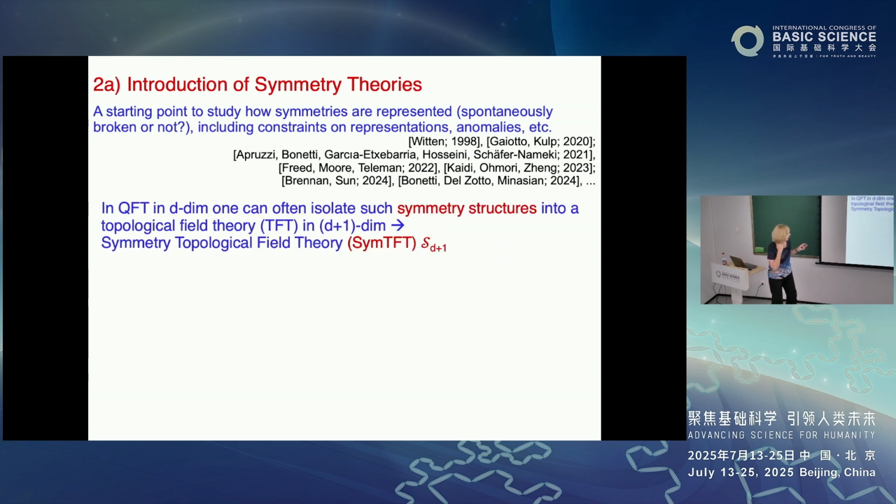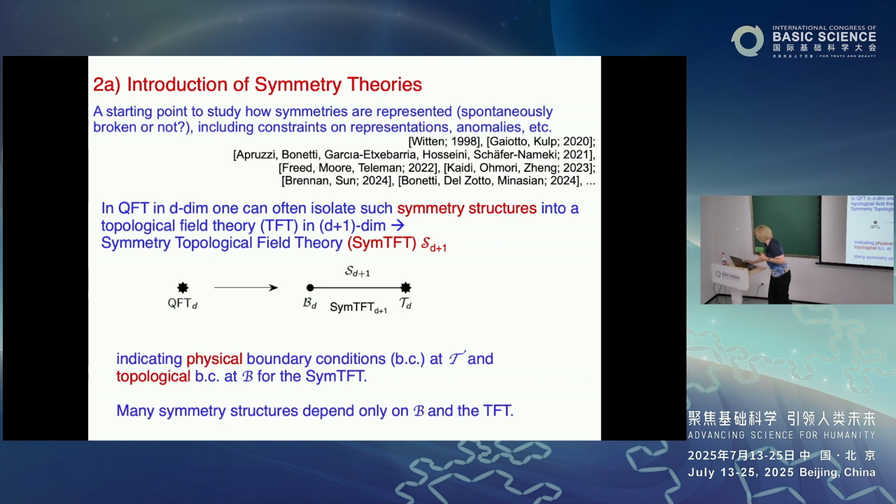we basically start with quantum field theory in, say, d dimensions, and isolate the symmetry structures that we are after into a topological field theory in one dimension higher. And this is what we refer to as symmetry topological field theory, or SIM-TFT, in one dimension higher. So in particular, we start with quantum field theory in certain space-time dimensions, and now we augment this to SIM-TFT in one dimension higher.